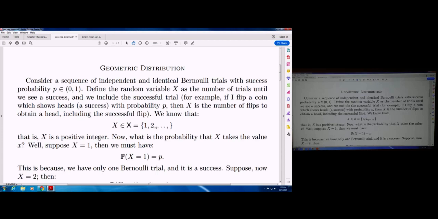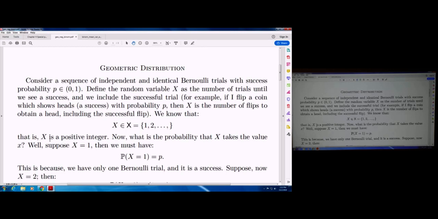The number of times I have to flip my coin in order to obtain a success must be at least 1 to get 1 success. That's the best case scenario. But it could be 2 times, 3 times, 4 times, 5 times, and because p is non-zero, in theory I could flip the coin a huge number of times. So the random variable of interest here is a positive integer: 1, 2, 3, 4.